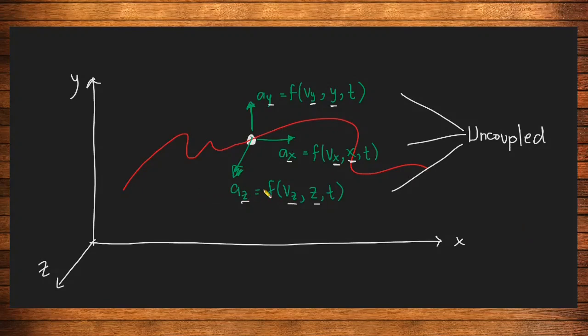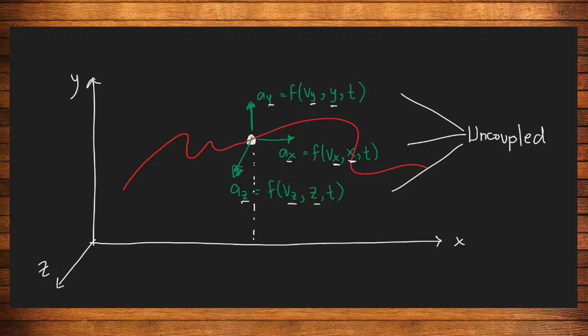So, if this is the case of our curvilinear motion, we can represent this as a superposition of independent rectilinear motions. So, ano bang ibig sabihin nun ng superposition?